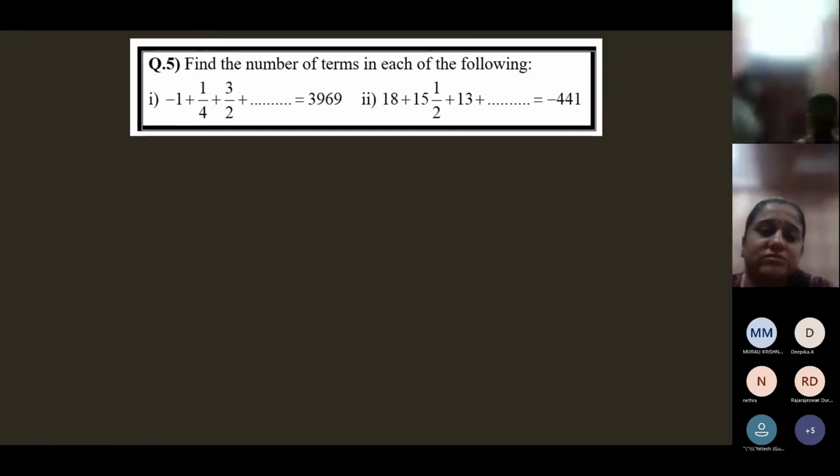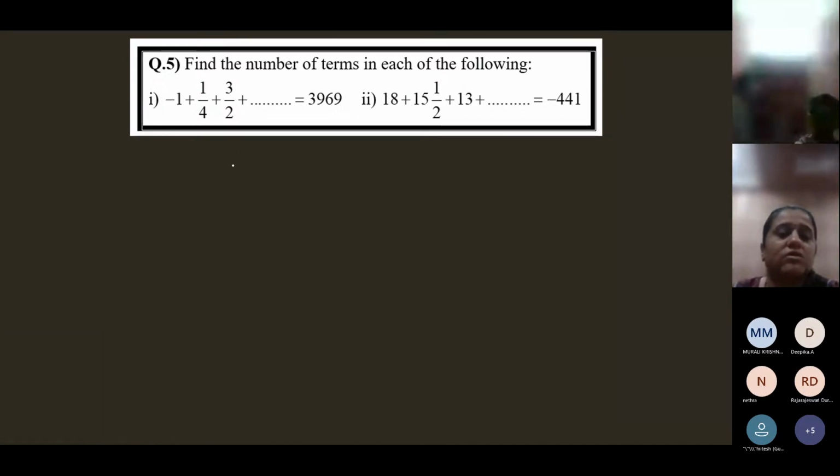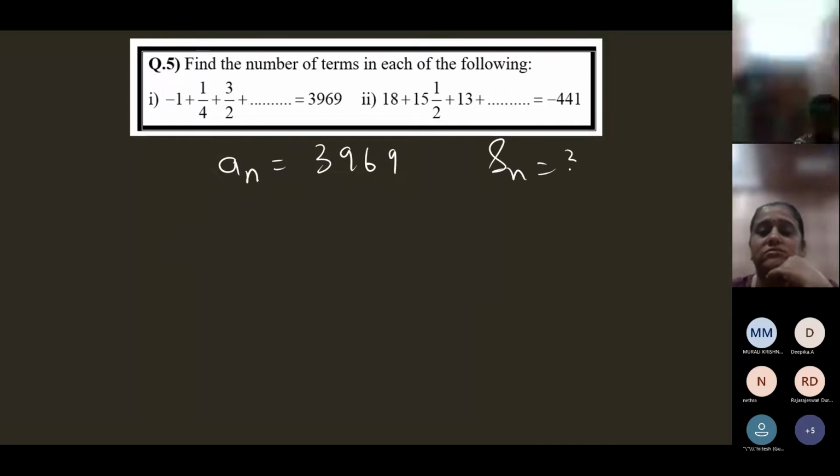So what is 3969, children? What can you say about 3969? Is it AN or SN? Yes, SN. Why not AN? Why SN? Because it is a sum.